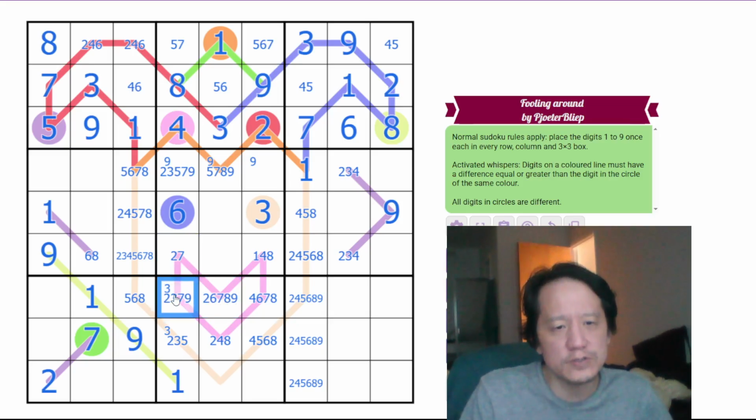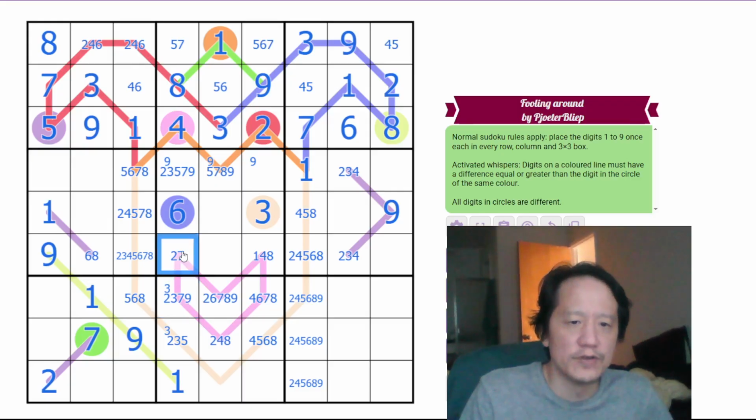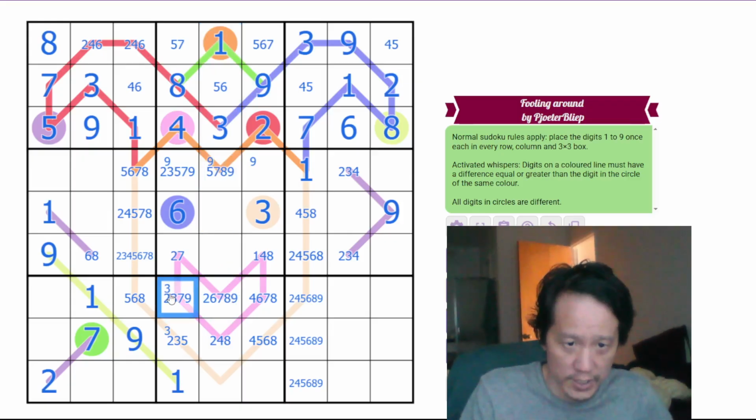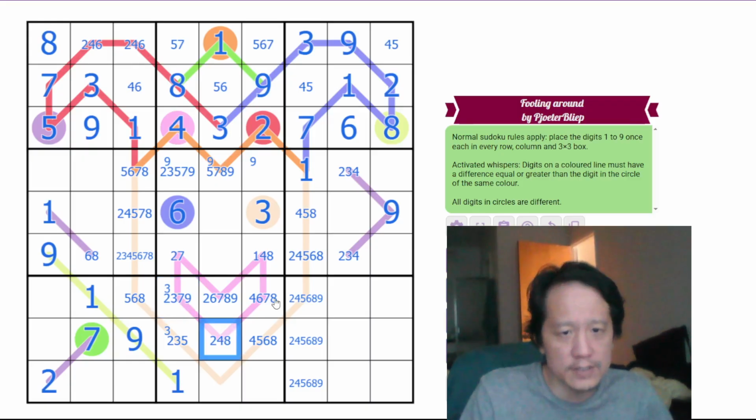So if this is 2, this is 7, 9, this would have to be 2 or 4. If this is 7, it's with 2 or 3 here. So if this is 7, this can only be 2, because 1, 2, or 3 would be the possibilities for this cell, and it can't be 1 or 3. So this would be 2, this would be 3. This would have to be 8, this would be 4.